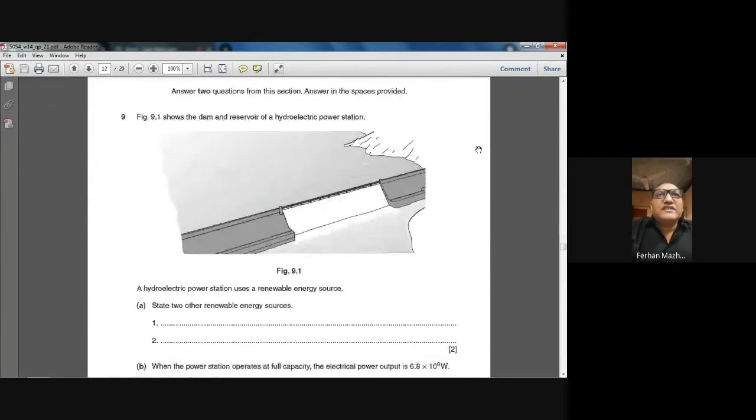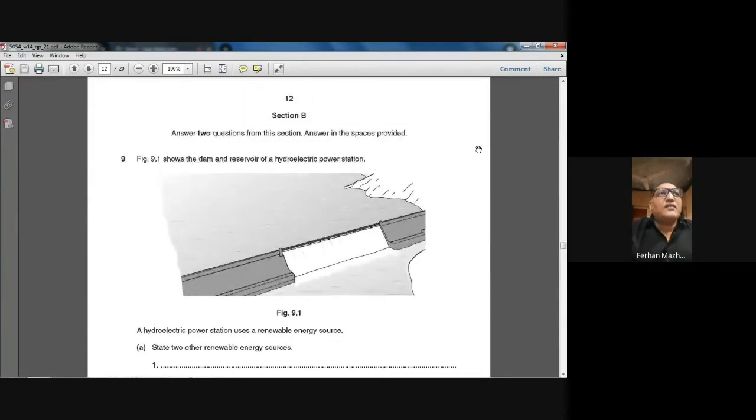On your screen, this is section B of the October-November 2014 2-1 paper. Section B starts from question number 9. Figure 9.1 shows the dam and reservoir of a hydroelectric power station. A hydroelectric power station uses a renewable energy source.